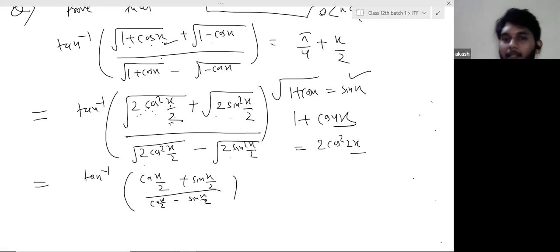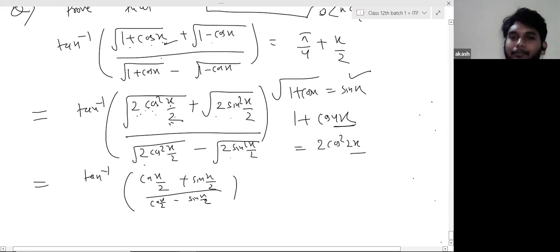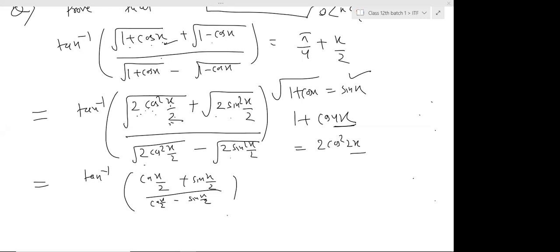Cos theta plus sin theta upon cos theta minus sin theta. Yes or no, everyone? Krishna, Ronaldo, Said. Divide by cos x by 2.